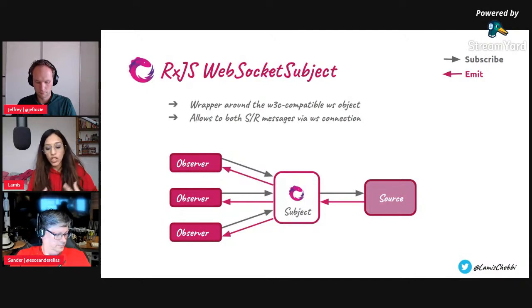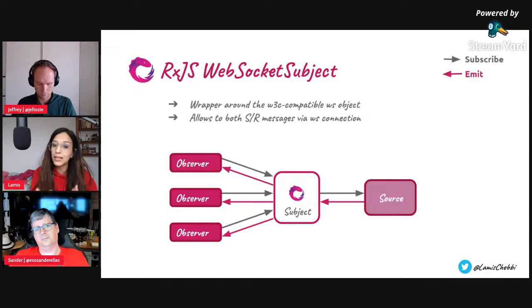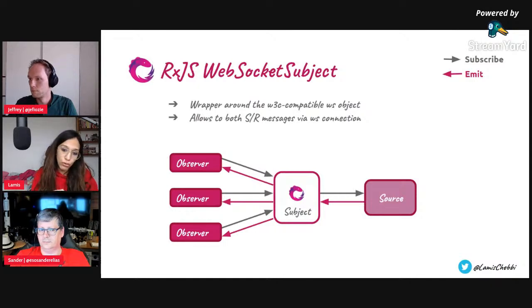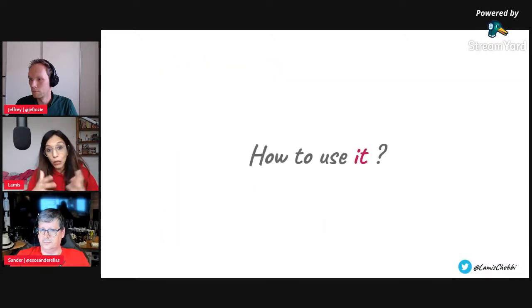I see RxJS subjects as an observable and an observer at the same time. So you can subscribe to listen to emitted messages, and you can also send messages to the listening observers.